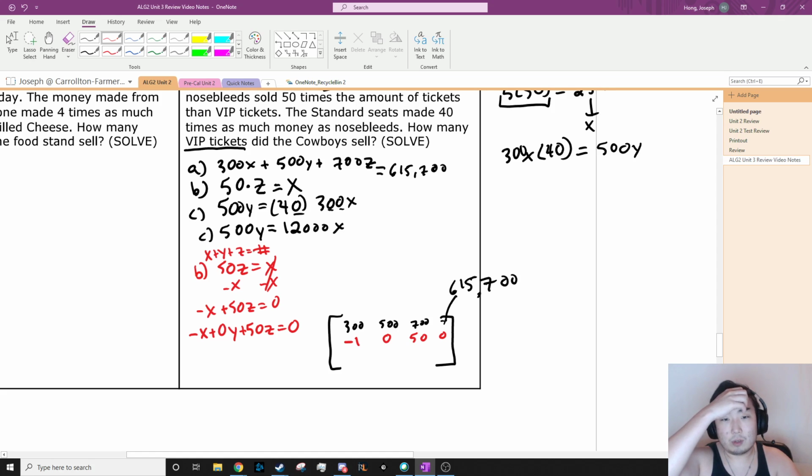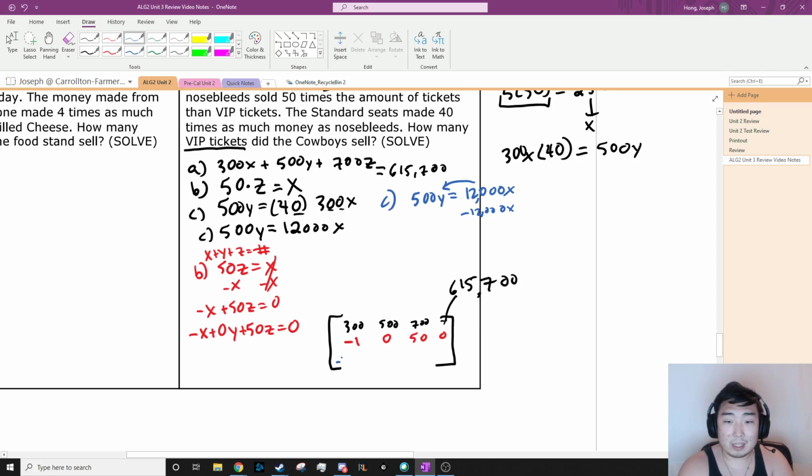And the last one, which is equation C, which I'll write in blue, is 500y equals 12,000x. The same thing goes: I need to move this to the left side, so I need to subtract 12,000x.